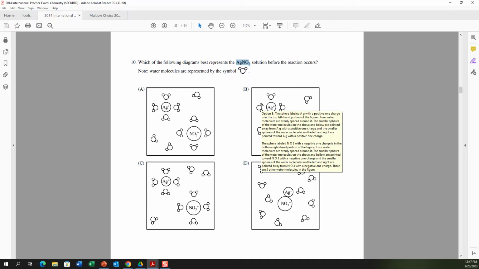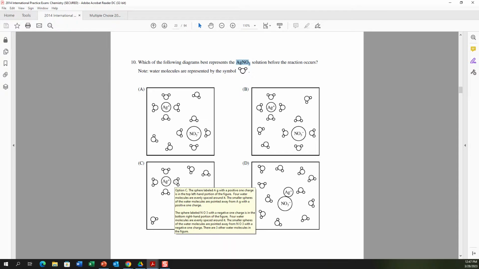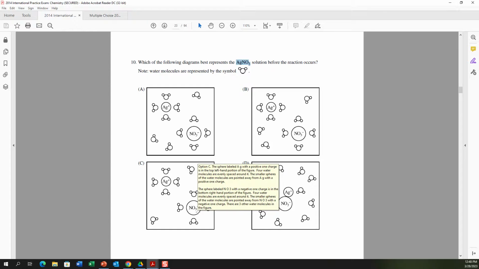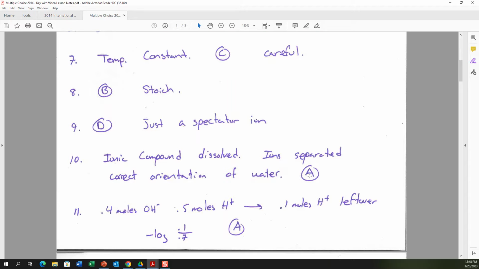No, this has positive facing positive and negative facing positive, so that's not the right orientation. Same thing here, mixed. And then this has negative facing positive, which is right. That's the correct orientation around the silver ion, but this has negative facing negative, so that's the incorrect orientation around the nitrate ion. So this is choice A. A was the correct answer there.